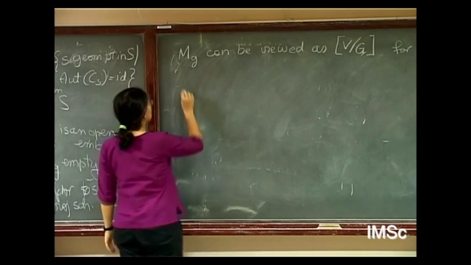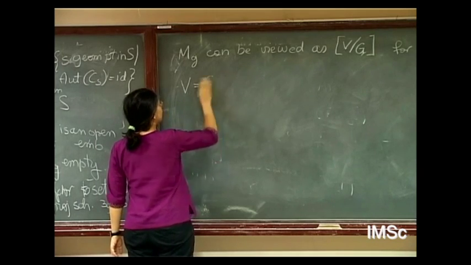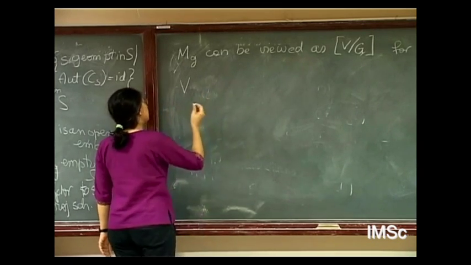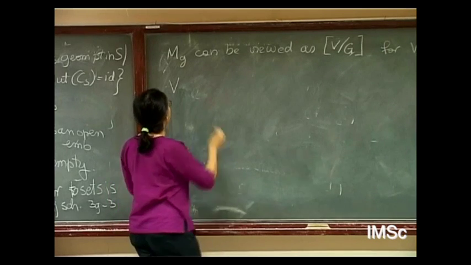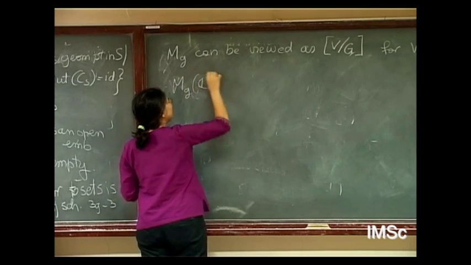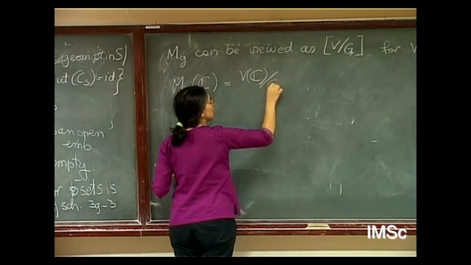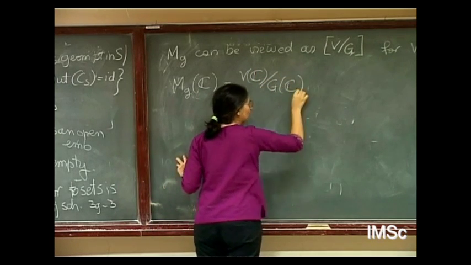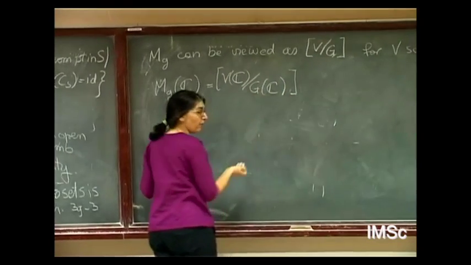So what you do is you write V as, let me write it first, on the set level. Let me show you first that I can write Mg of C as V of C modulo G of C, and as a stack, as a groupoid quotient.